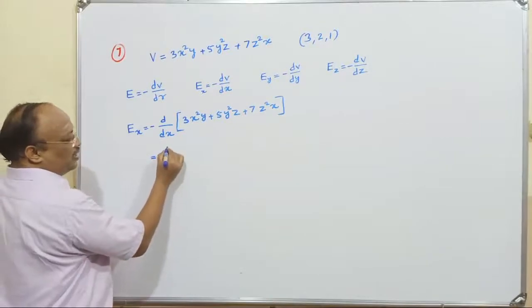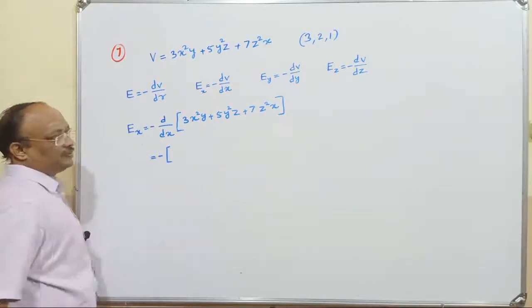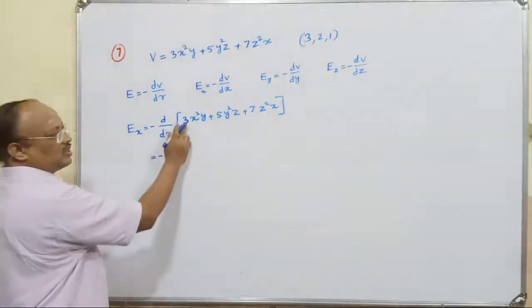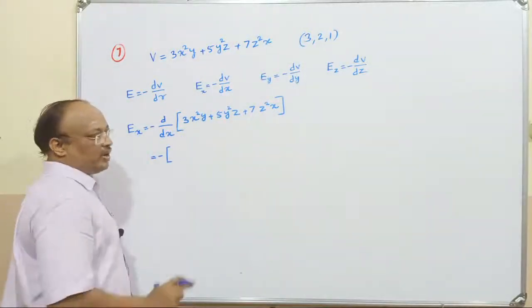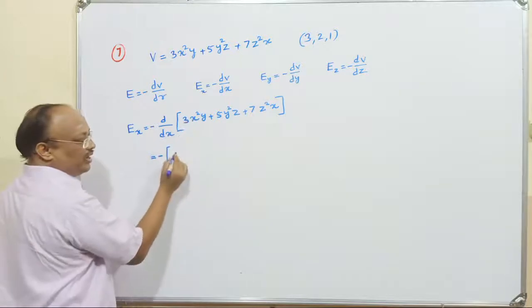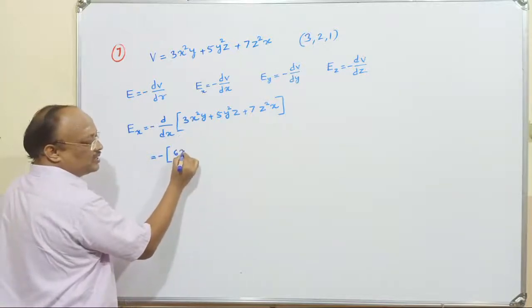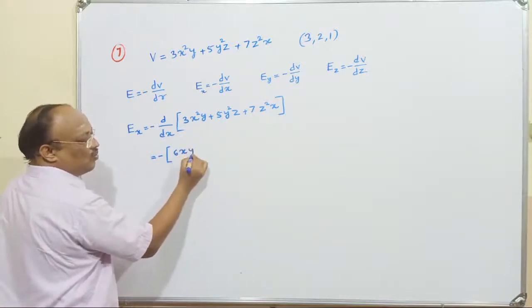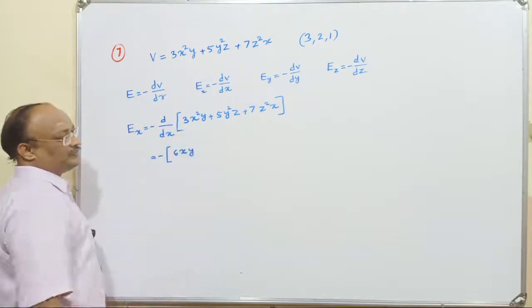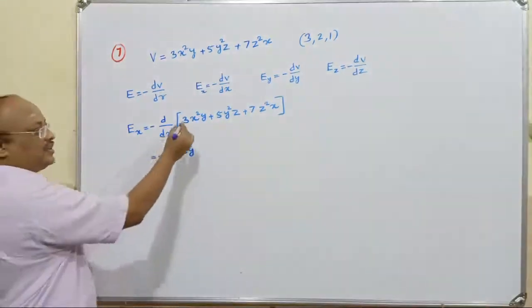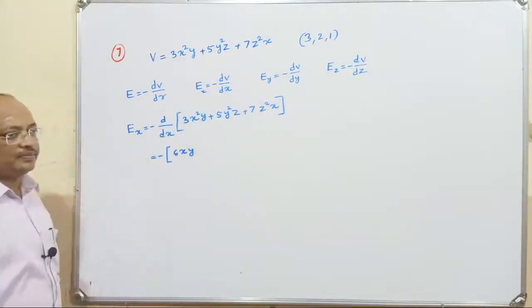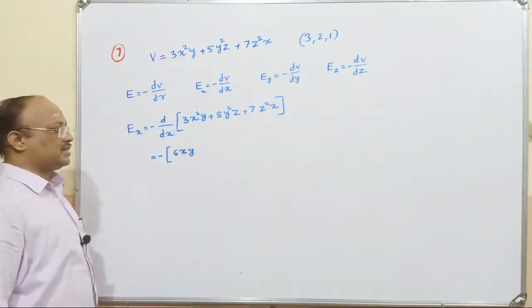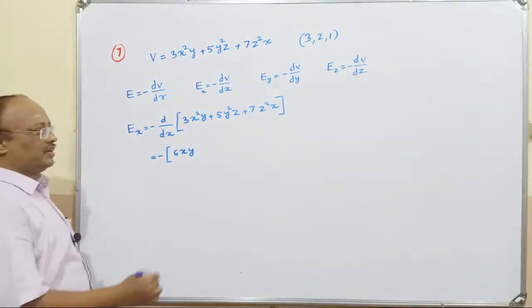This will be minus of: differentiation of x square is 2x, 2x into 3 is 6xy.